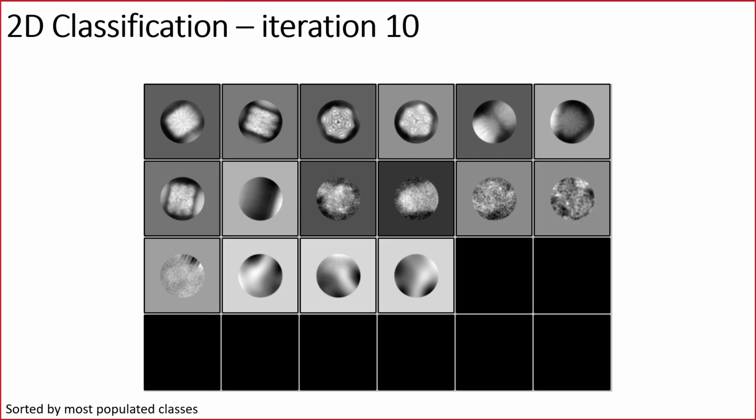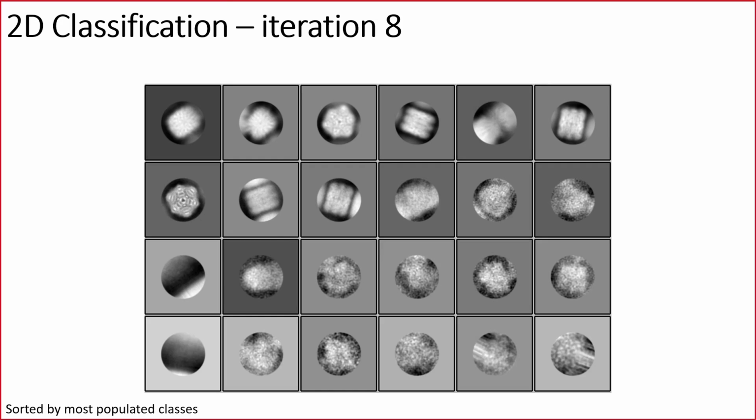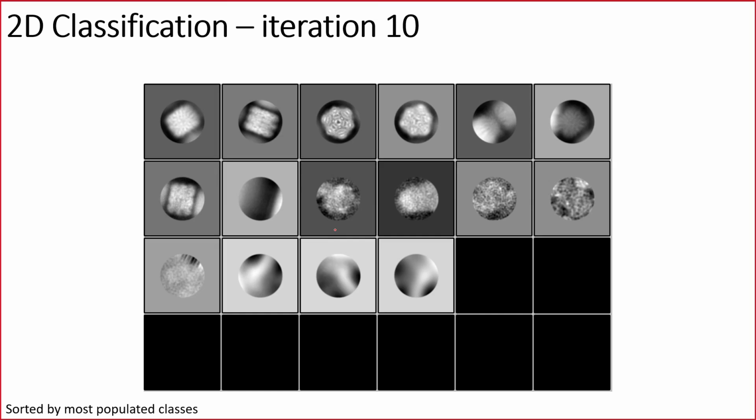And this is why, for example, in Relion, when you are doing 2D classification with the maximum likelihood method, you need to monitor not only the last iteration that you define, but all the in-between iterations, because you need to find a balance where you still have your junk particles in junk classes and the nice particles more or less in the nice classes, whereas not only you have nice particles and the junk particles are disappearing.